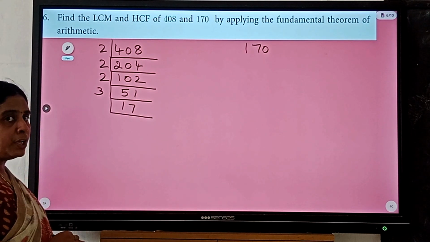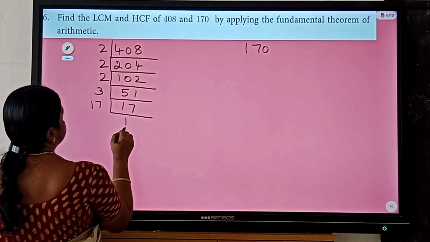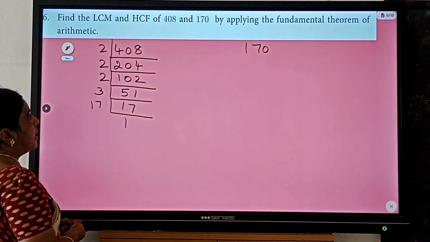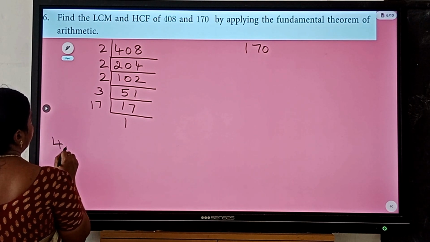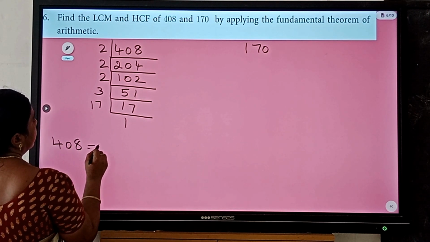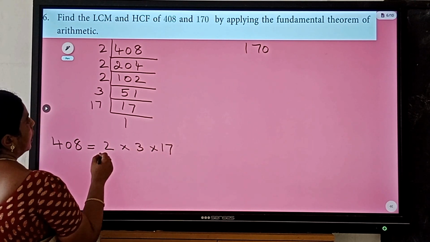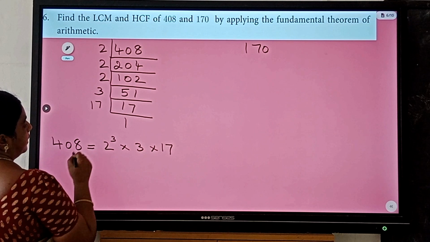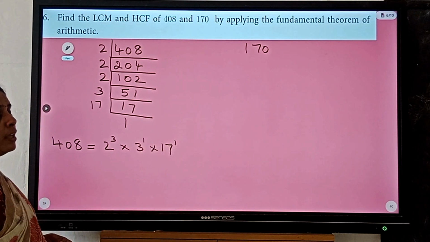So 17, we know it is a prime number which is divisible by itself. So 17 ones are 17. So I can write the factors of 408 are 2 into 3 into 17. And how many 2s are here? 3. That is 2 cube, 3 power 1 and 17 power 1.